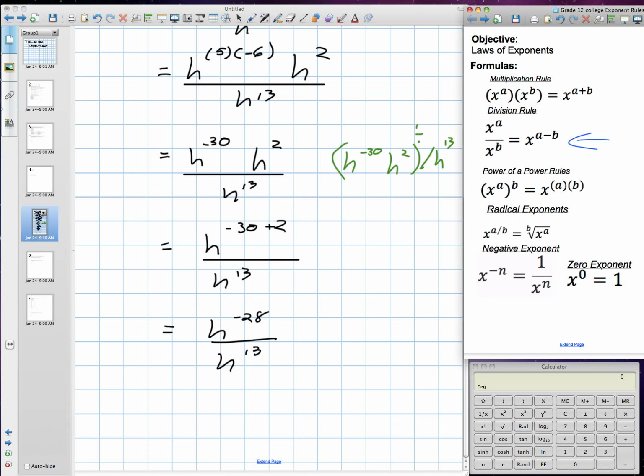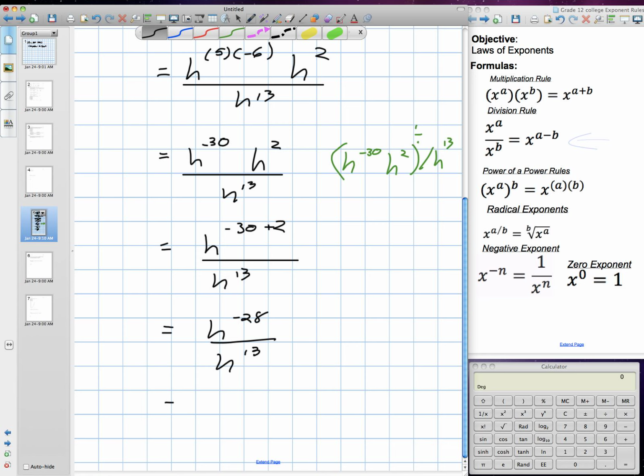When we divide numbers, we talk about our division rule. So we've gone through pretty much all the exponent rules here. We're going to subtract the two exponents from each other. So we get negative 28 subtract 13. Anyone know what it is?